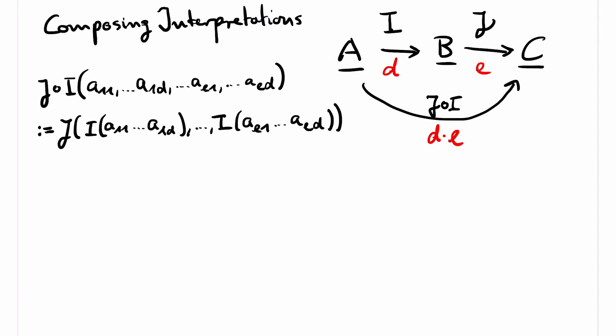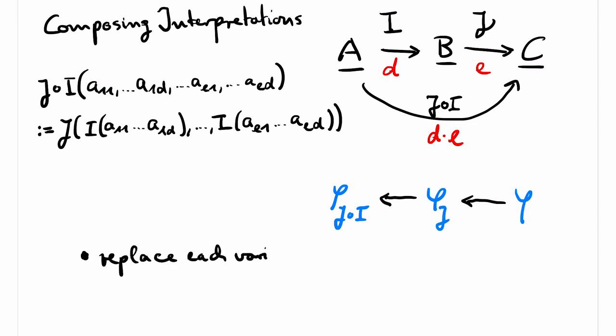To check that the resulting map is indeed an interpretation, we construct an interpreting formula for an atomic formula phi over the signature of C as follows. We first consider phi_J, the interpreting formula of the interpretation J, which is a formula over B. Then we translate phi_J into a formula, which I call phi_J composed with I, over the signature of A as follows.